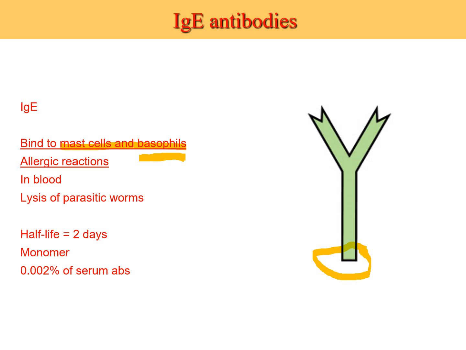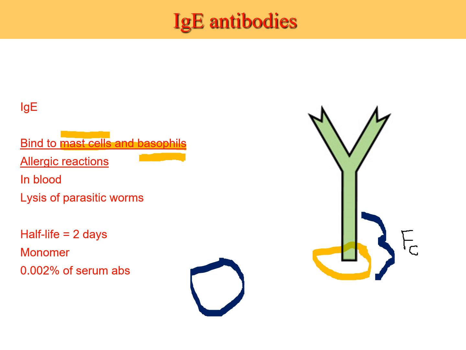When basophils leave the bloodstream and go into the tissues, they are then called mast cells. Mast cells and basophils have on their surface receptors for this portion of IgE molecules. That part of any of these antibody molecules is called the Fc portion.